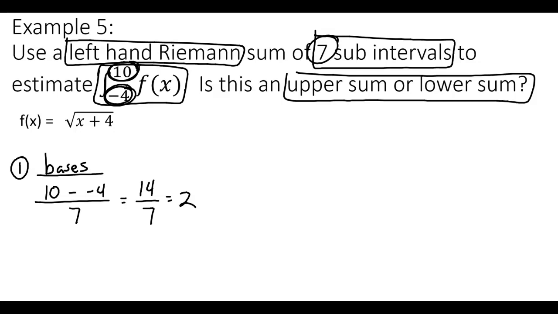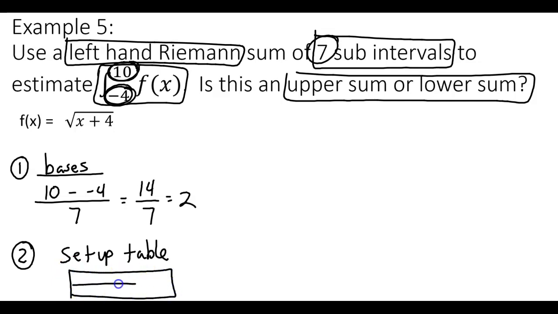Okay, now the next thing that we're going to do is set up our table. When you set up your table, you're going to put your first x value here, and then based on however long your bases are, that's how much you're going to add to get to the next place. Let me show you what I mean by that.